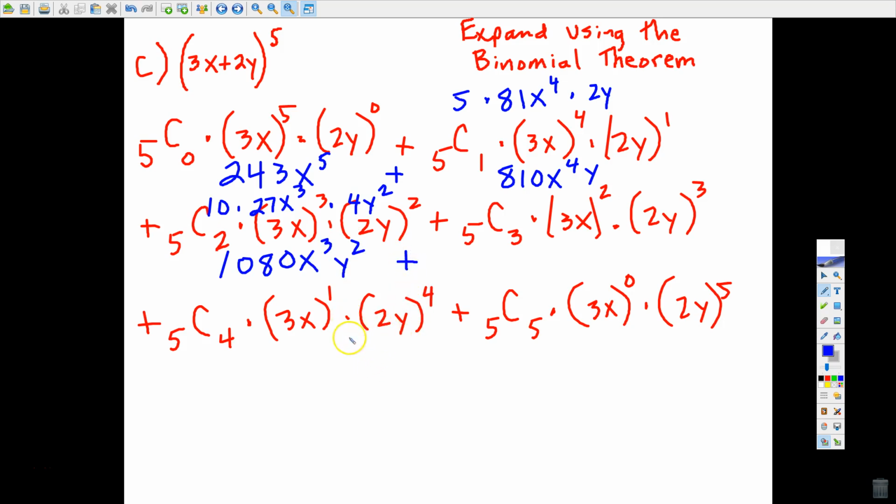5c3. 10. This is going to be 9x squared. This is 8y cubed. It's 10 times 9 times 8. 720. x squared, y cubed.